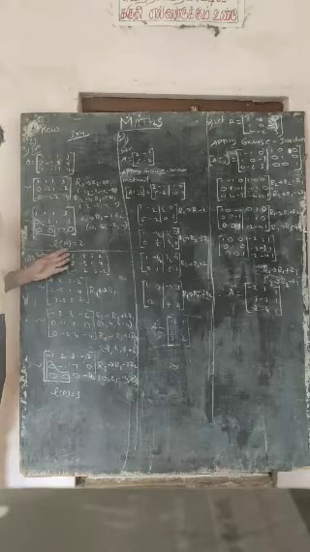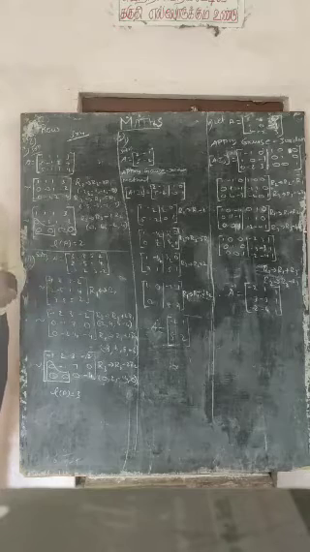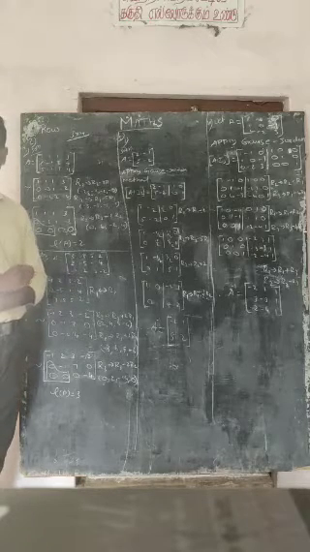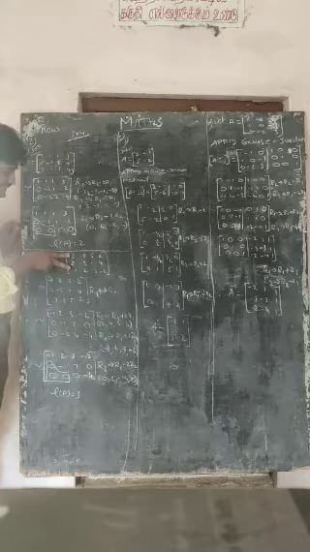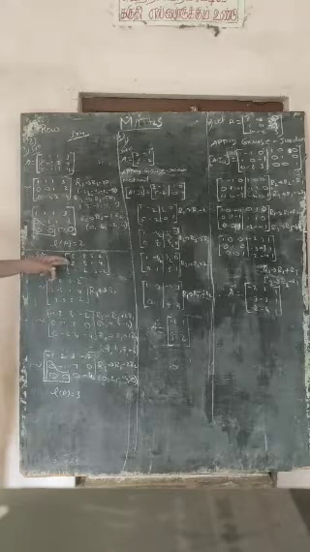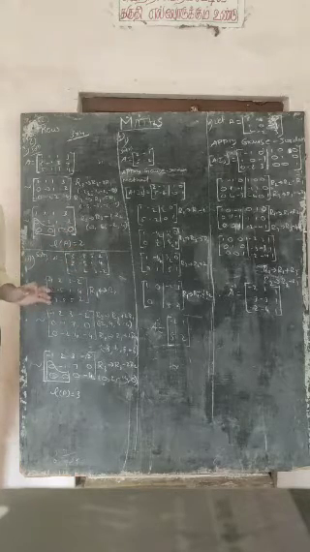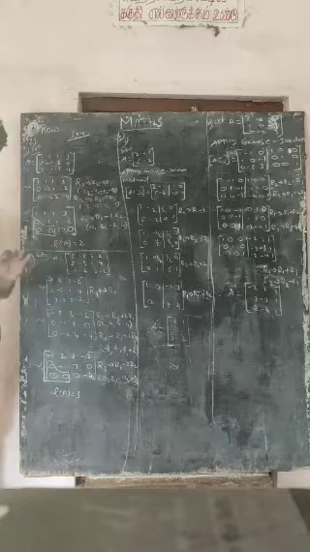If the term 1 is here, solving is very easy. Otherwise it may take some time or it may be risky. That's why we interchange R1 with R3. That is the first condition.